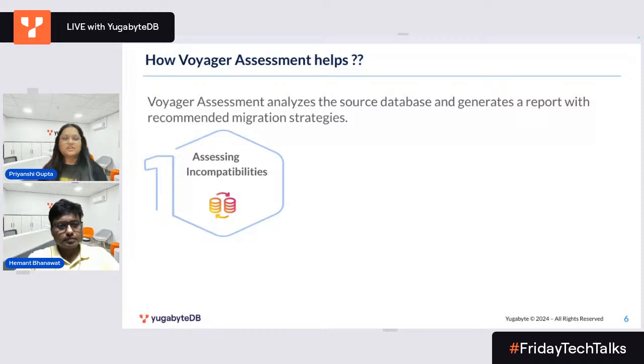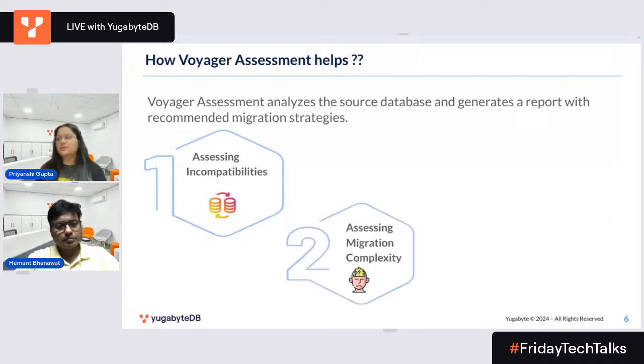One of them is assessing incompatibilities. As we have understood about the challenge where the user needs to understand the incompatibilities from the source with respect to the target, Voyager assessment helps in automatically detecting all those incompatibilities by understanding the source system completely, or even the application, and then it comes up with a comprehensive list of all the incompatibilities which are currently present, so that the user can make the necessary changes or actions for the migration even before starting the migration.